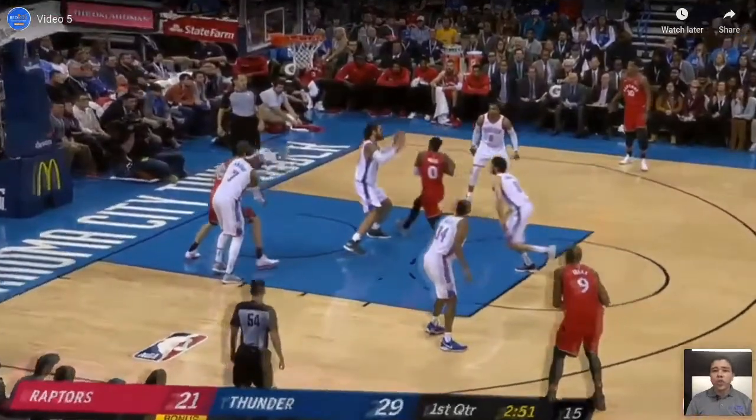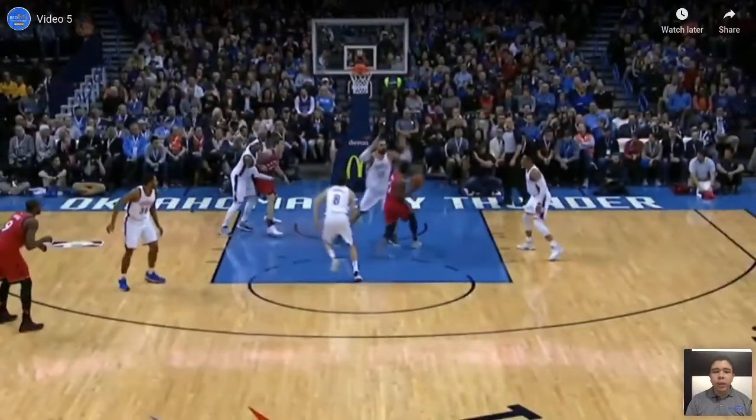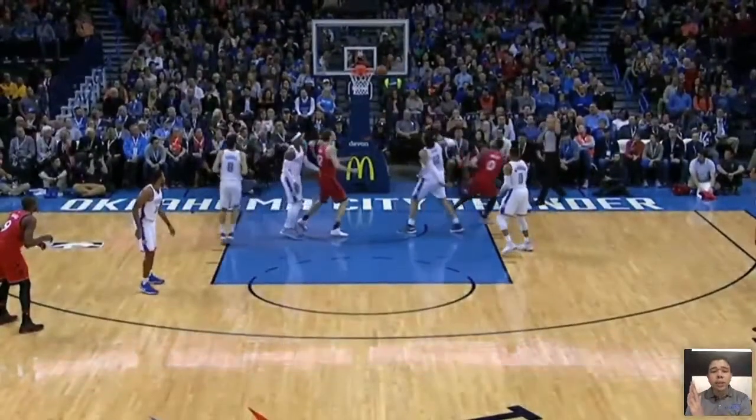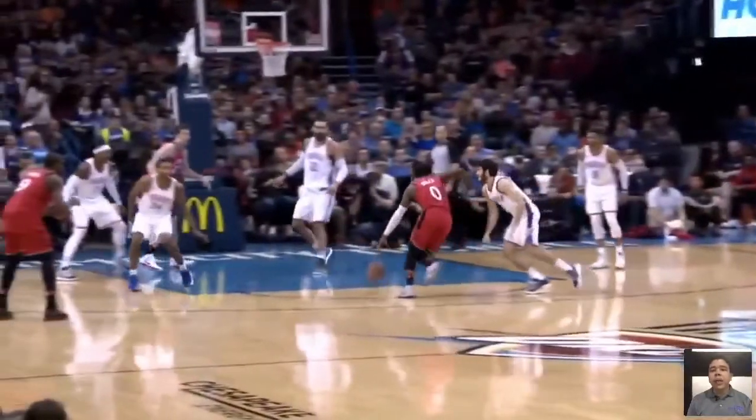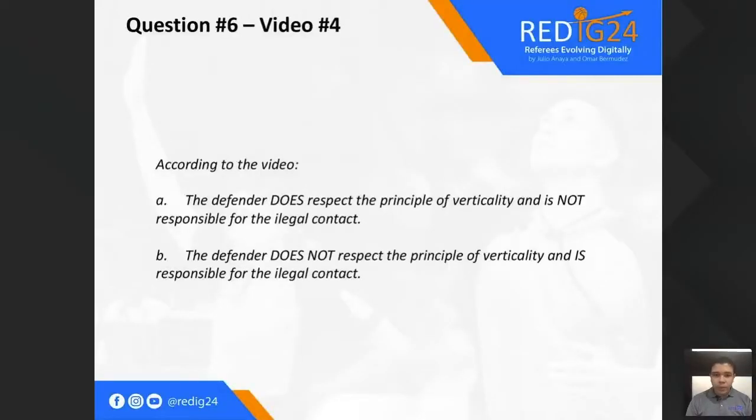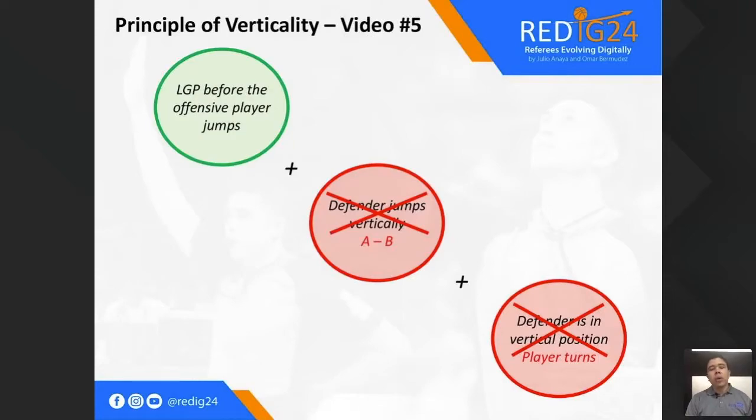He was first facing the opponent here, in a legal guarding position, but then he decided to jump to his left, creating contact on an offensive player who is trying to avoid that contact. So in this video, we can presume that the defender established a legal guarding position before the offensive jump, but he didn't jump vertical.